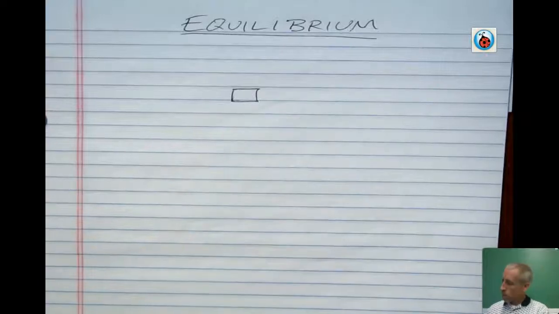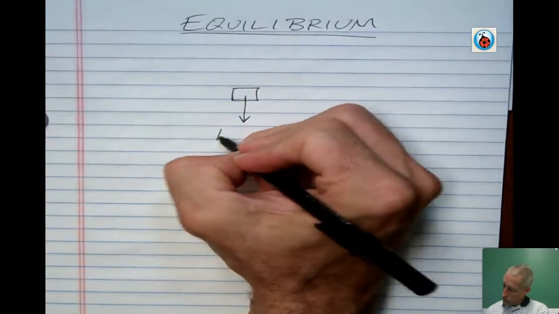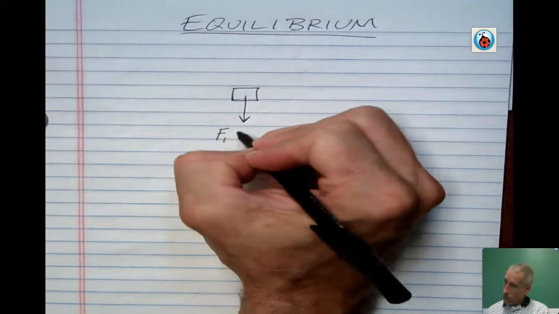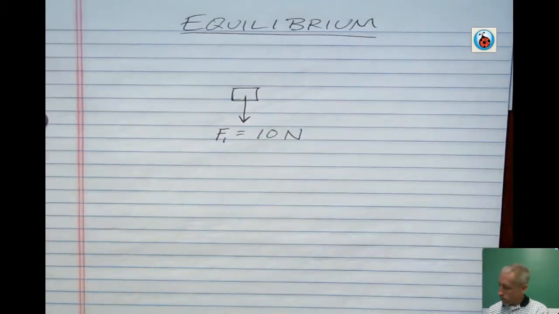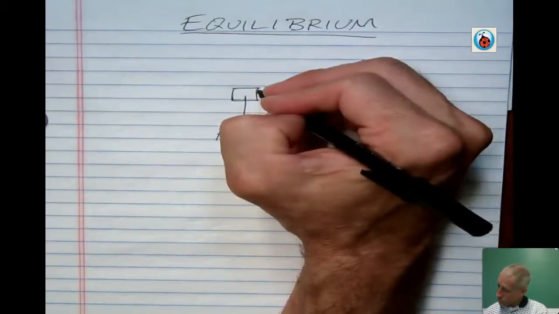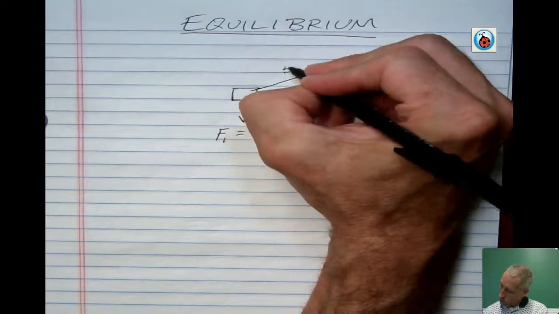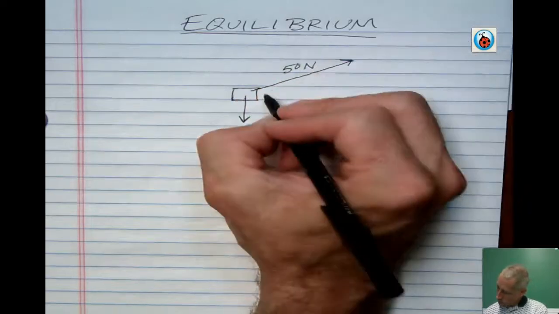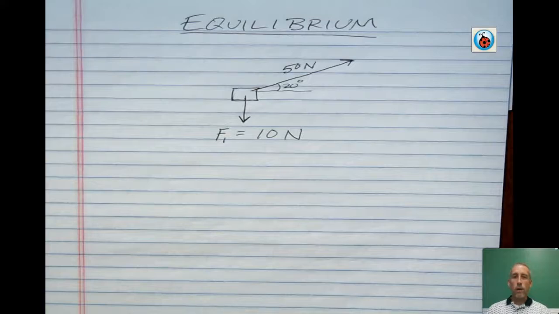That's our object, and the three forces that we might know, I'm not going to draw these to scale. Maybe this is F1. We'll call it 10 newtons downward, and F2, we'll send that up here. We'll call that 50 newtons, and we'll say that that's pointed at 20 degrees above the horizontal.